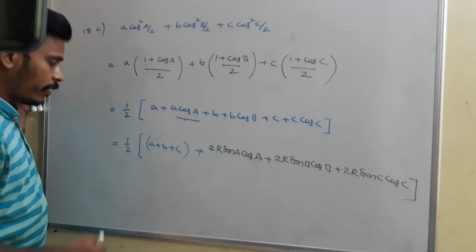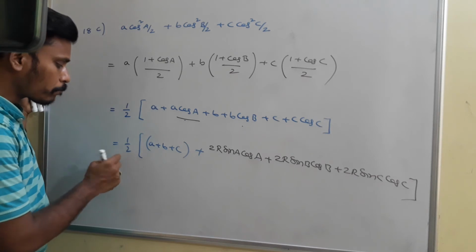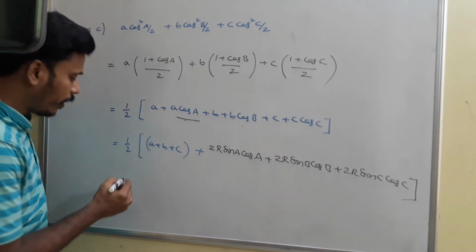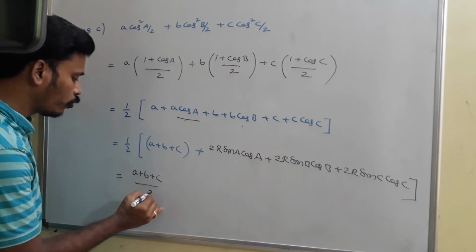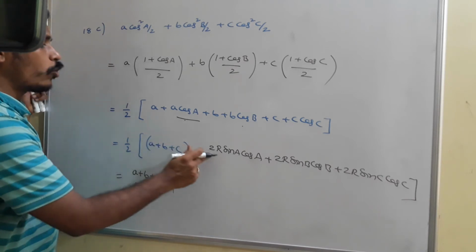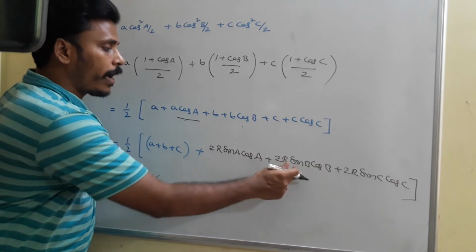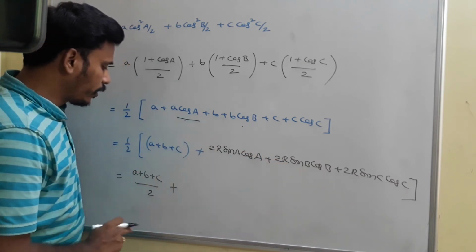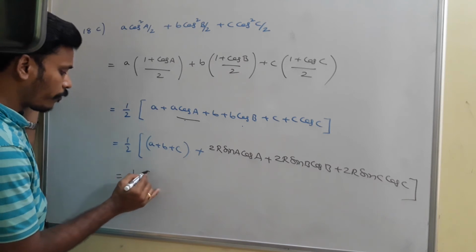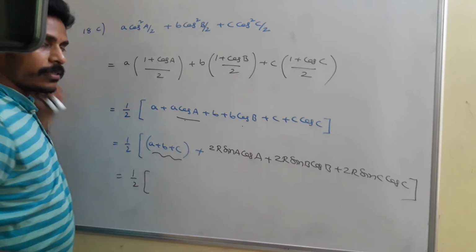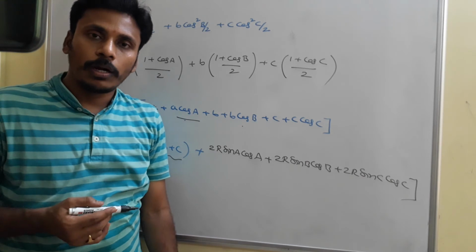And now at the end, you just carry this 1 by 2 to each and every term. For the first term it is A plus B plus C by 2, plus this 1 by 2 and 2 will get cancelled. Yeah, do one thing, right? See, half of this A plus B plus C. A plus B plus C is simply what?